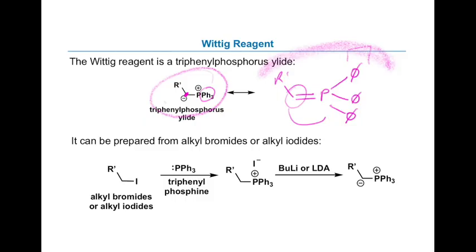How do you make them? If you're building an actual Wittig reagent, you usually start off with alkyl halides or bromides. You do an SN2 reaction where I take triphenylphosphine, and its lone pair acts as my nucleophile to displace an iodide or a bromide, and that makes this salt.